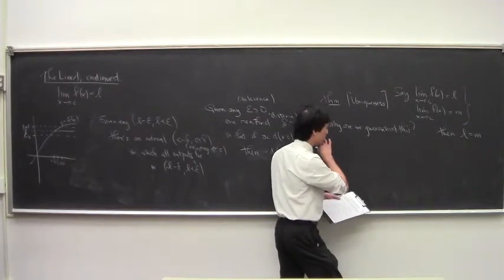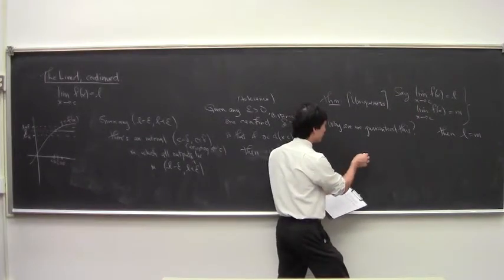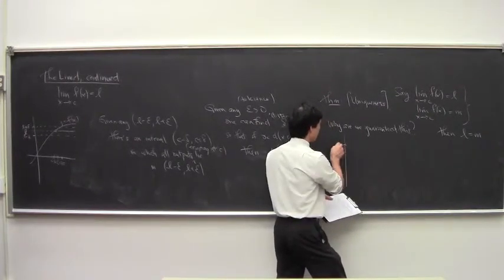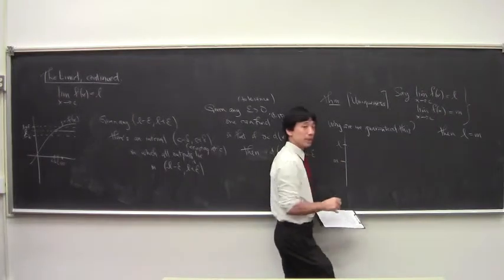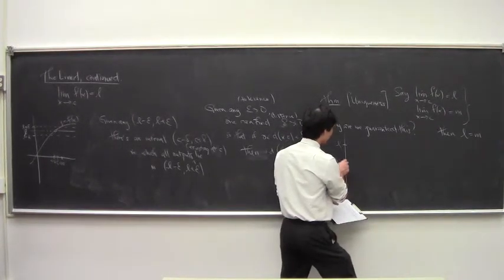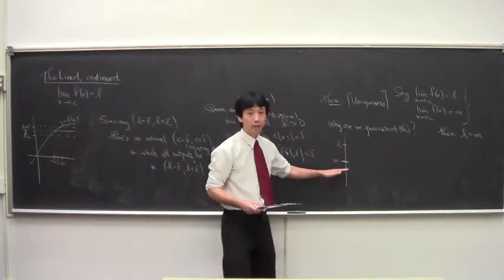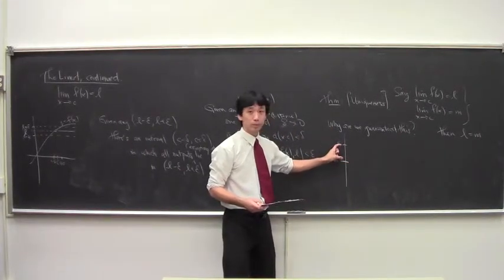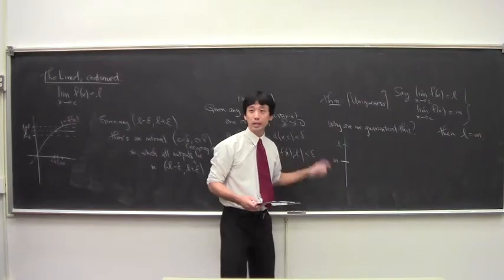So here's what you say. Here is L and here is M. We're going to show that the distance between these is smaller than any number.